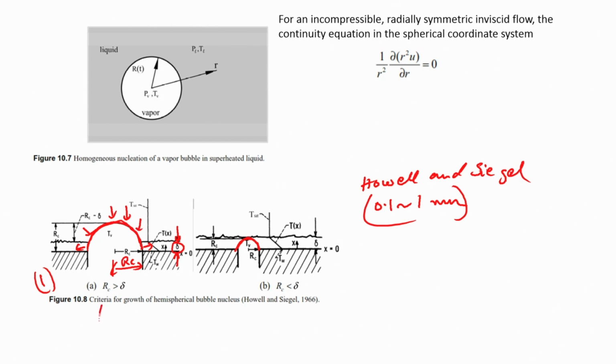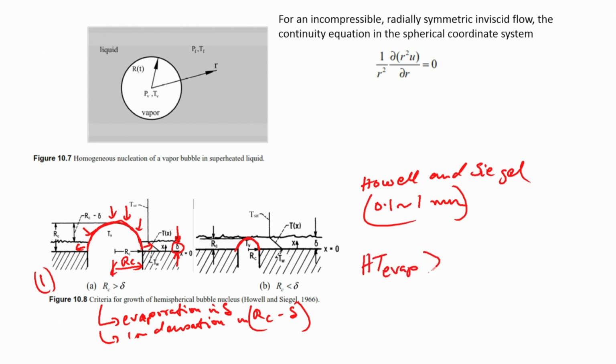So, in the first case you have evaporation in delta and condensation in RC minus delta, okay. So, that is what you are going to have. Now, for a bubble to grow, the heat transfer due to evaporation must be greater than the heat transfer due to condensation, right, that has to happen. So, part of the bubble is evaporating, part of the bubble is basically condensing.